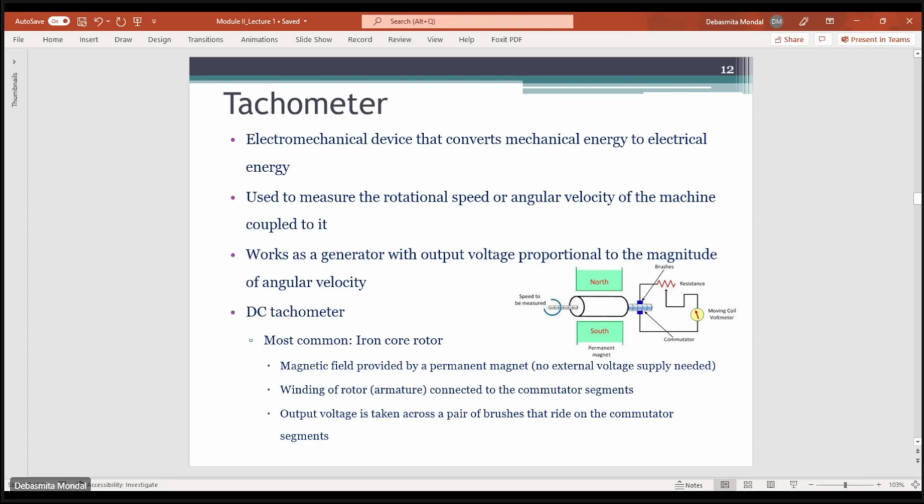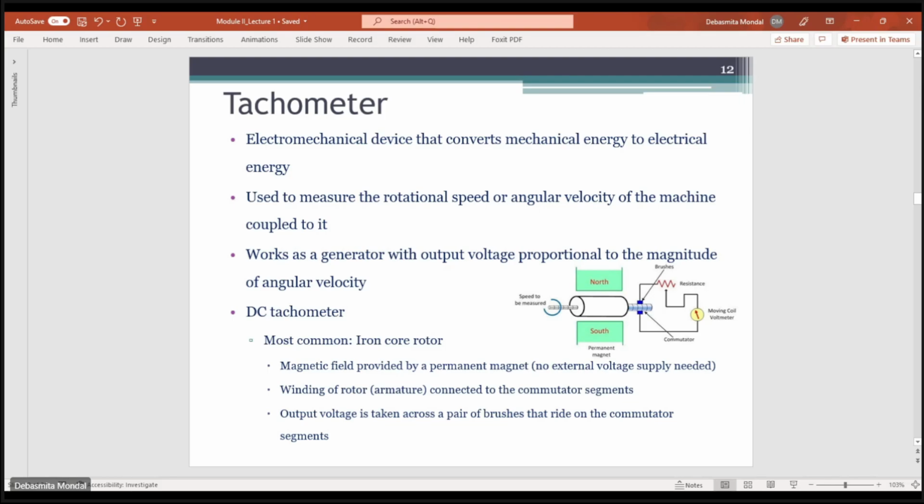The tachometer is an electromechanical device, and it converts mechanical energy into electrical energy. Essentially, it works as a generator.